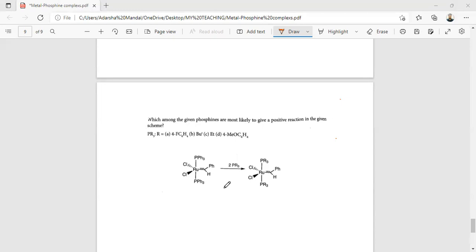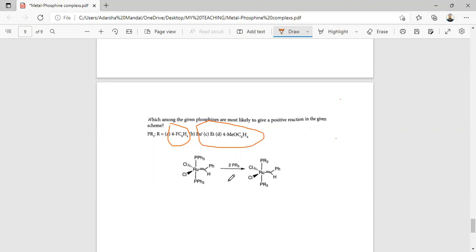the phosphine ligand which has more electron donating property than the PPh3 ligand. Between these four ligands, in ligand 1 there is a fluoro substituent, so this will be less sigma donating compared to PPh3, but in all other cases there are electron donating substituents on the phosphorus atom.